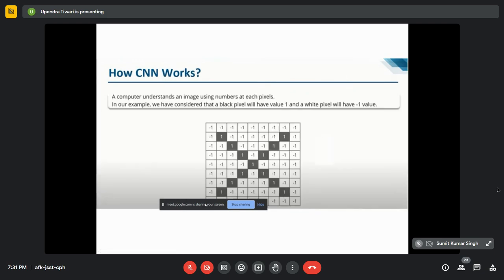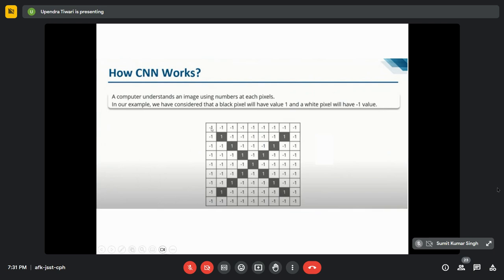Here, what we are going to do, suppose this is my X. So wherever the X pixels are used, they're going to be represented with black, and they will be given the value 1. Whichever pixels we have not used, they will be represented as -1.